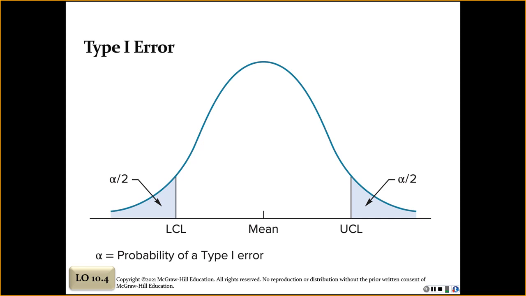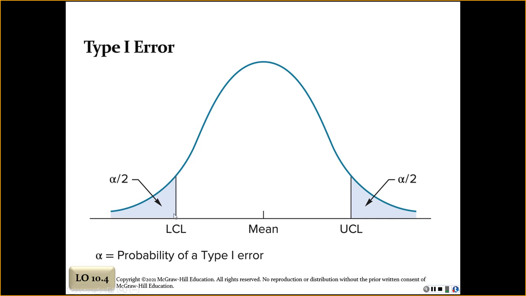Type 2 is the opposite. Type 2 errors are when the process appears to be in control when it's out of control. So that's a consumer risk. Type 1 is when a manufacturer may think something's wrong, but it's not. But type 2, which is very costly, is when a manufacturer gives a product or a service to the customer, and it might look like it's okay, but it's not really okay.